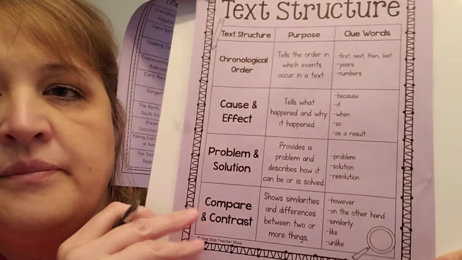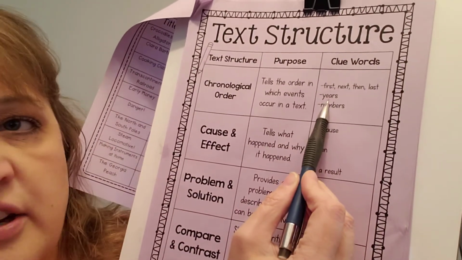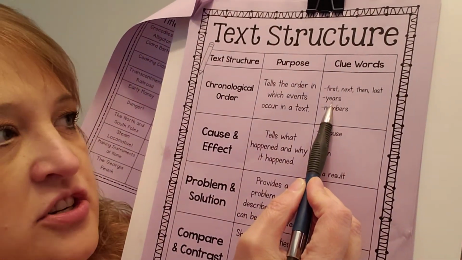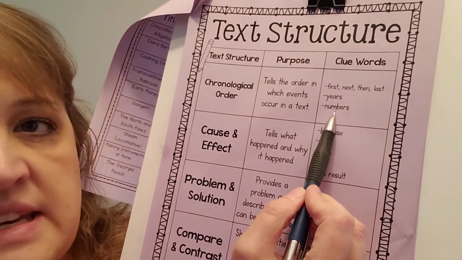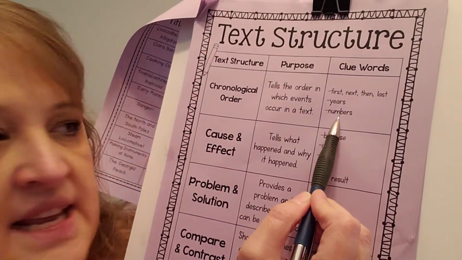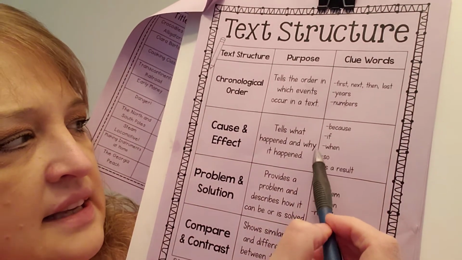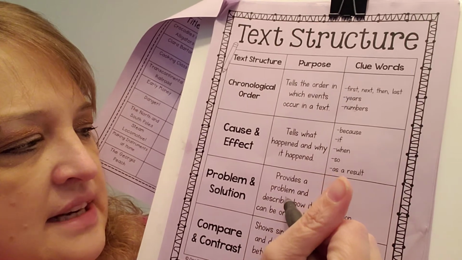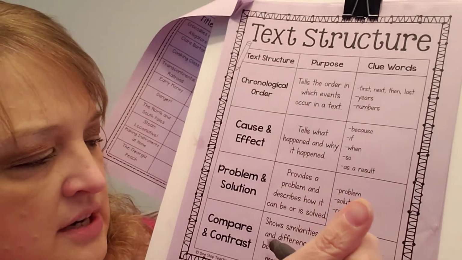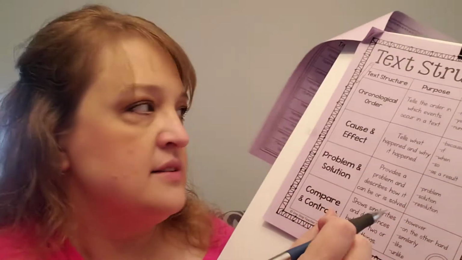All right, so it's about a person, okay? Did it have years in it? Did it say, like, in this year she did this? First she did this, then this, then this. Did it have numbers talking about dates? Yeah. It didn't give us what happened and why it happened. It didn't give us a problem and a solution, and it didn't compare two things.